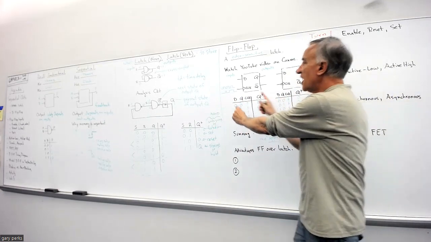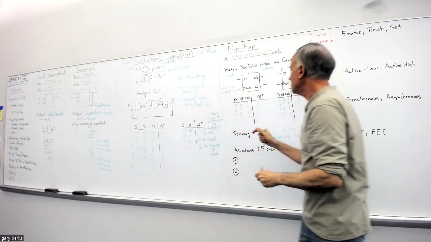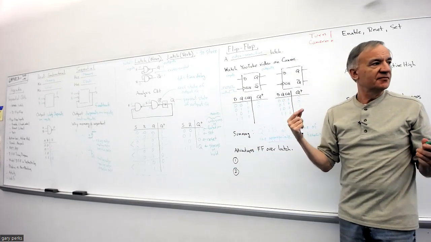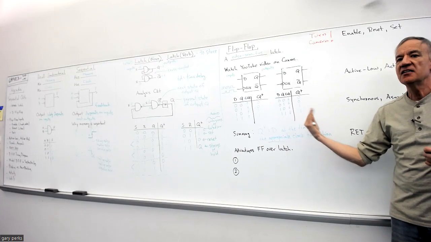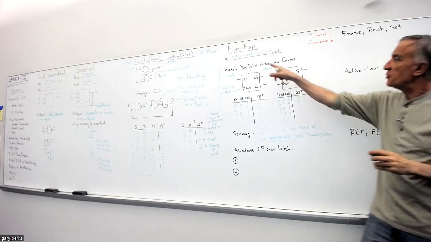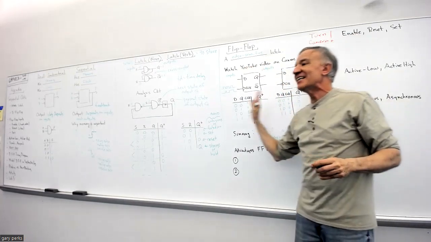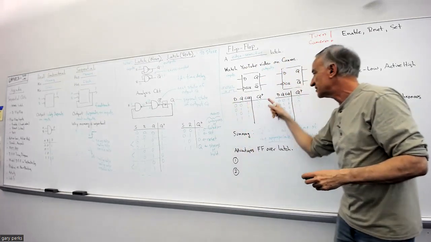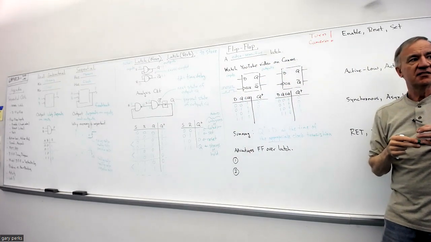For all other times of the clock, Q is just going to remain the same. The only possible time it can equal input D is on that clock transition. And that's what we mean by edge sensitive. Flip-flops are sensitive to a clock edge, either the rising or the falling, depending on which one you have.